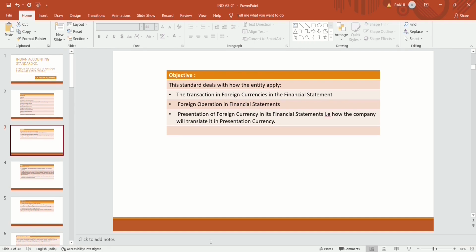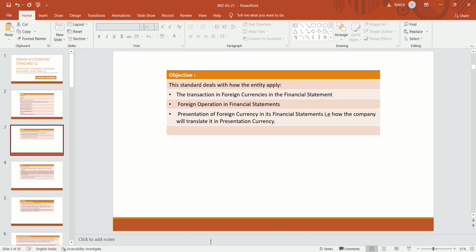We will also discuss the presentation currency, in which we will present our financial statements in their currencies, so that they will understand our balance sheet, the Indian company's balance sheet, and then they will invest.